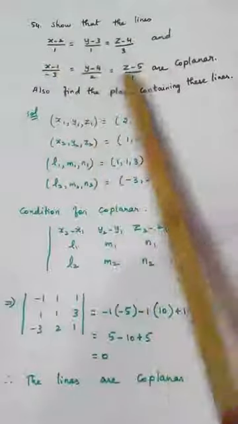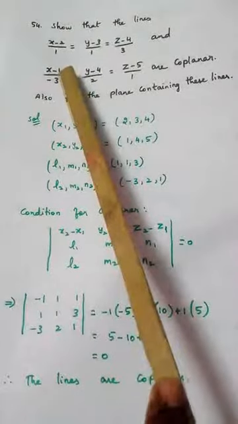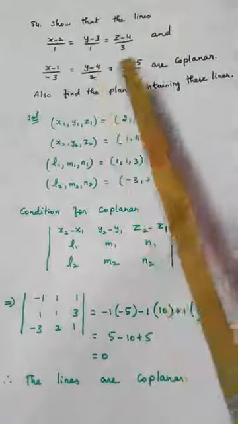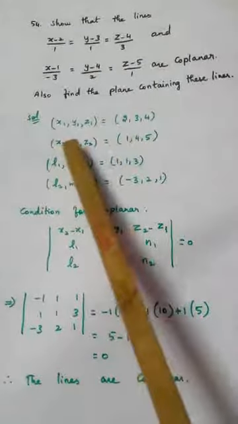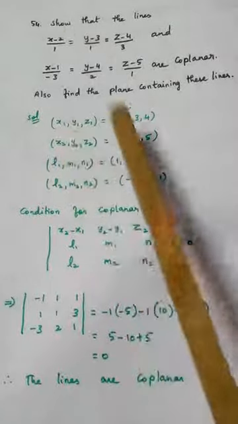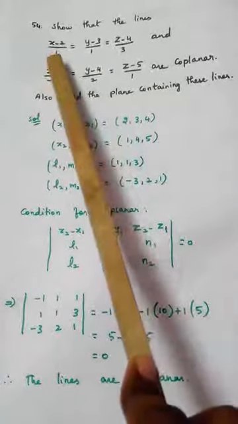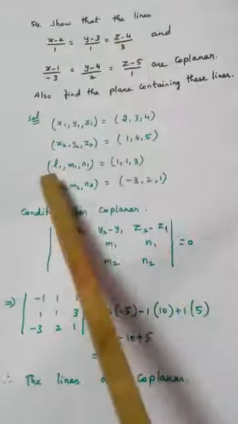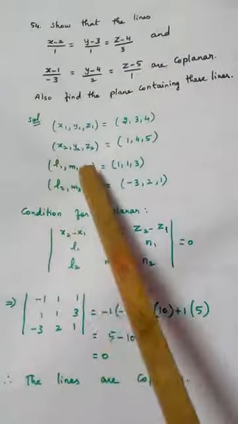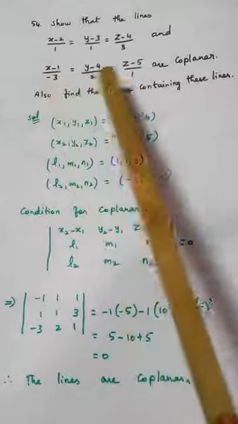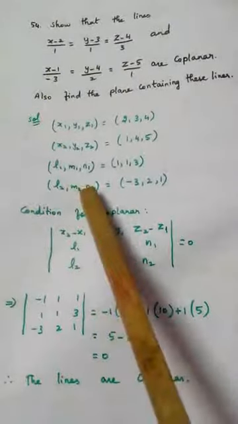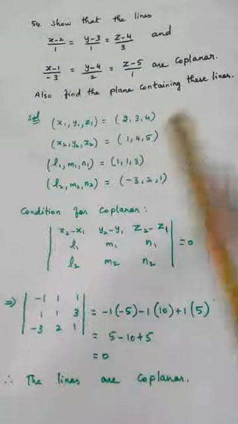Similarly, for the second line, 1, 4, 5 are x2, y2, z2, a point on the second line. The numbers from the denominator, 1, 1, 3, are l1, m1, n1, and minus 3, 2, 1 are l2, m2, n2. That is, the parallel vector of the first line and of the second line.